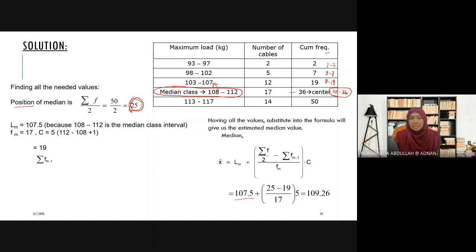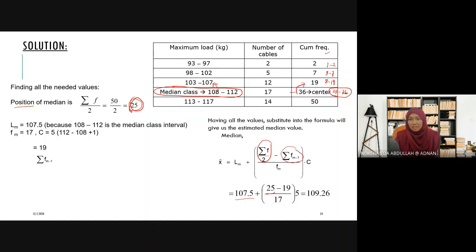And then plus the position we got earlier, 25, so just substitute 25 here, and then minus the cumulative frequency. This one is the cumulative frequency before the median class. So this is the median class.